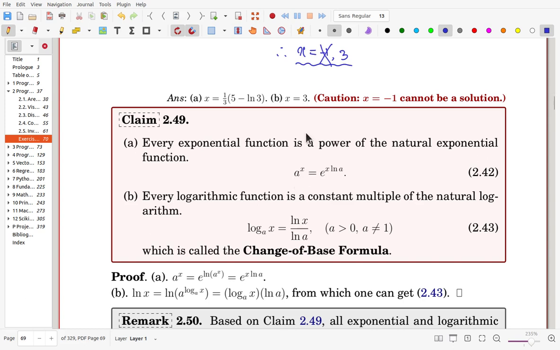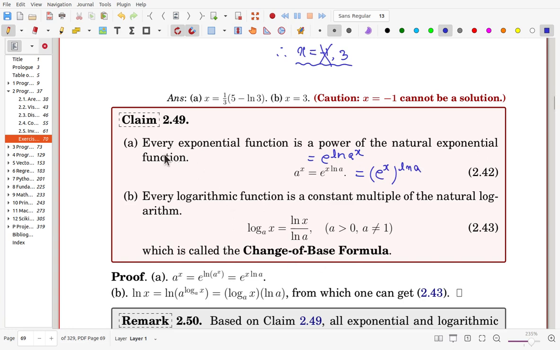From this one, for example, the intermediate term will become, by using base e and the natural logarithm, the natural logarithm of a to the x. Now, by using the power rule, x can go out here, so we can reach this, and this can be written in this way: e to the x times the logarithm of a, right?